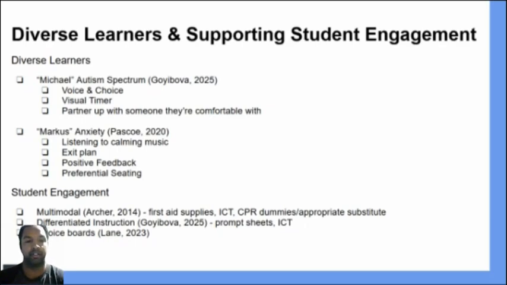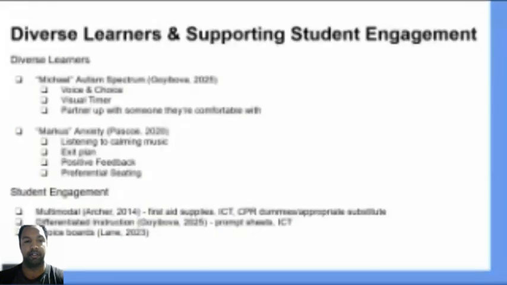For Marcus and his anxiety, I referred back to Pascoe in 2020 for strategies, such as giving the student preferential seating and positive feedback, which help to reduce anxiety levels and improve student engagement because they feel included and calm, allowing them to focus.